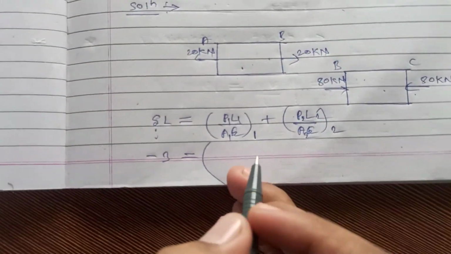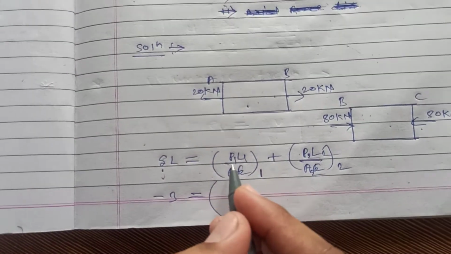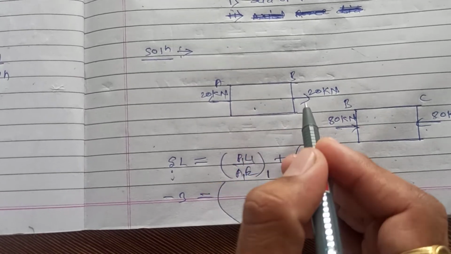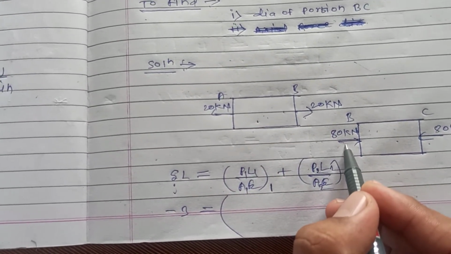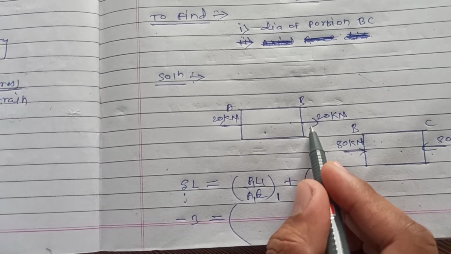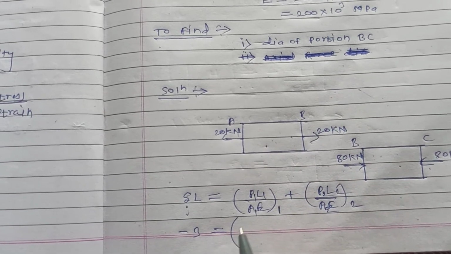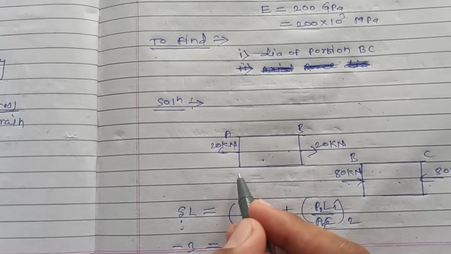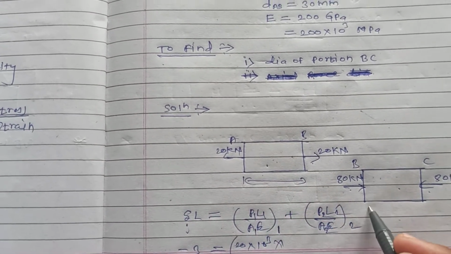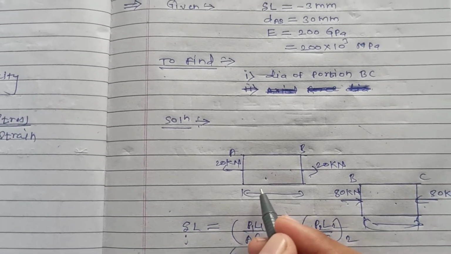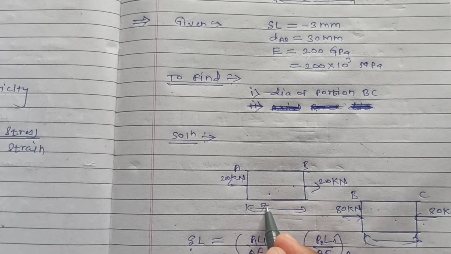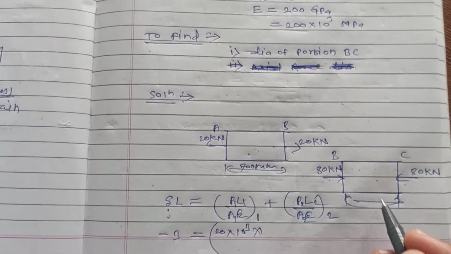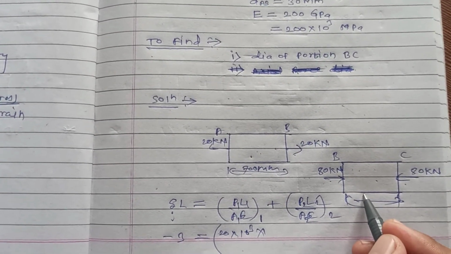After putting in all these values, P1 is tensile, so take it as positive: 20 into 10 raised to 3, into L1, which is given in the problem statement as 700 mm, and L2 is equal to 800 mm.